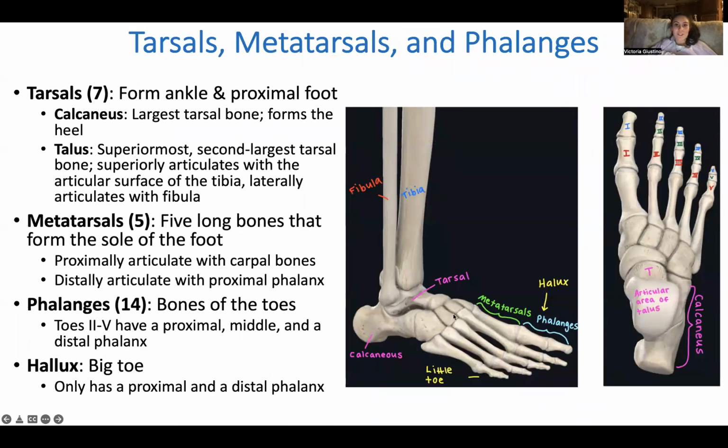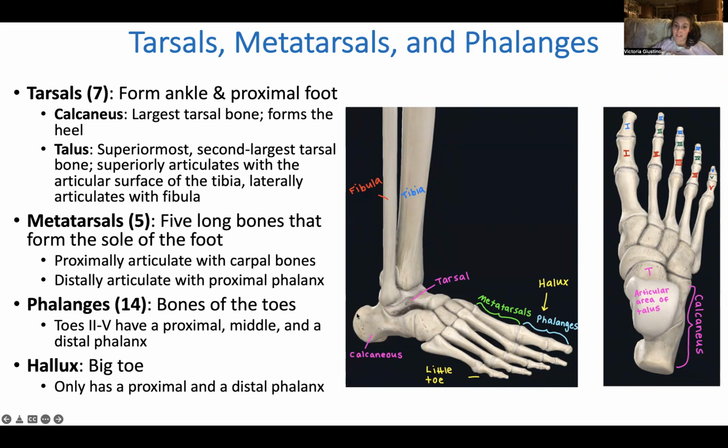Okay, so now your tarsals, metatarsals, and phalanges. So here's your medial tibia and the lateral fibula. You only need to know your talus, tarsal bone, and your calcaneus. Oh my gosh, I wrote that wrong. This is a tarsal bone, but this is supposed to say talus. So here's your calcaneus.